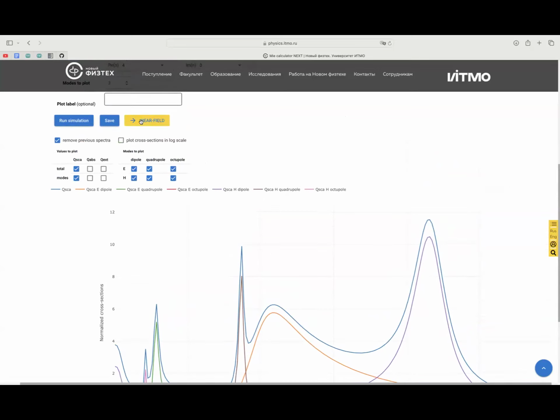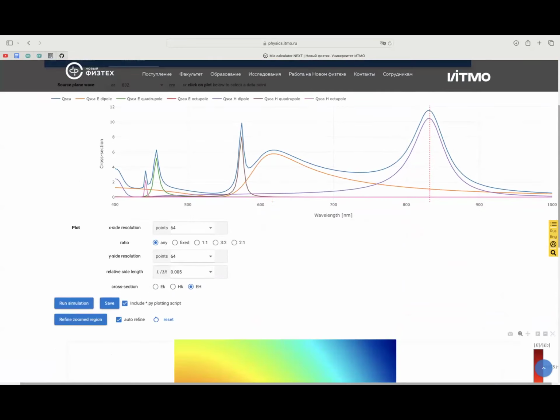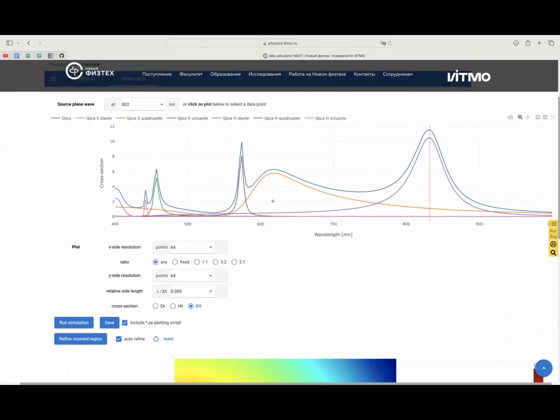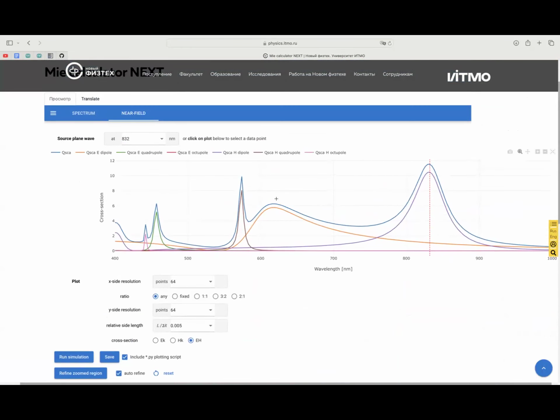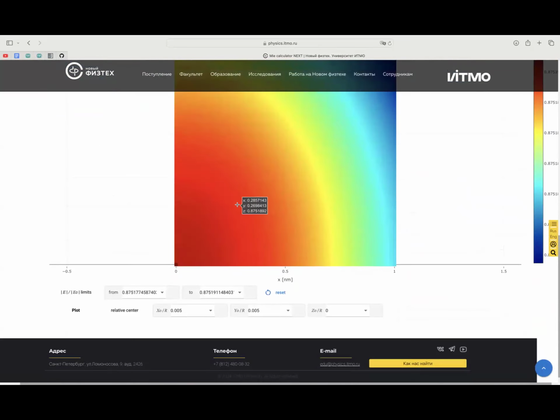And actually, it's also possible to plot the near field.